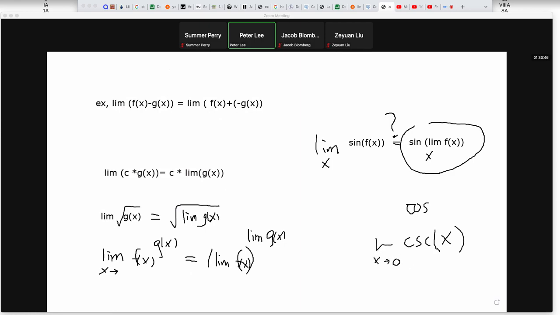What is cosecant 0? Cosecant 0 is 1 over sine 0, which is undefined. It's actually plus or minus infinity. So all of these laws, you can split as long as the result will not be a problem. It will not be any of those indeterminate forms.